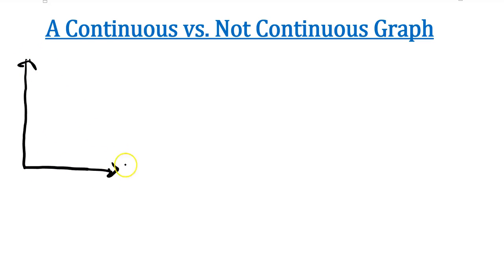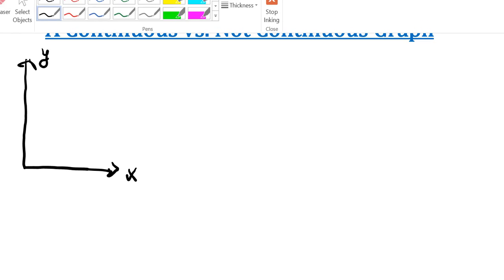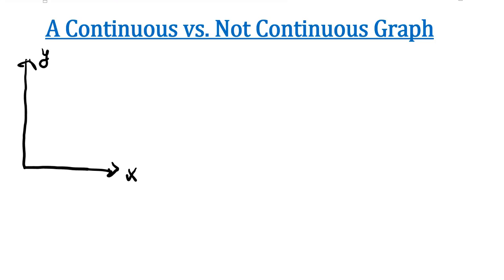We'll draw a first quadrant coordinate plane, I have an x and a y axis, positive x and y axis, and on that coordinate plane I'm going to graph something that looks like this. I'm going to have two open dots, and that's going to be my graph. Not great here with the Screencast-O-Matic and the stylus as far as drawing this, but this is my y equals f of x.